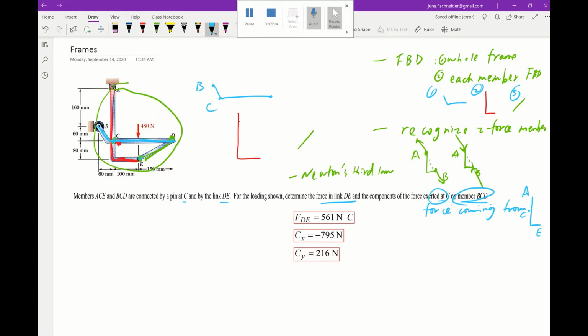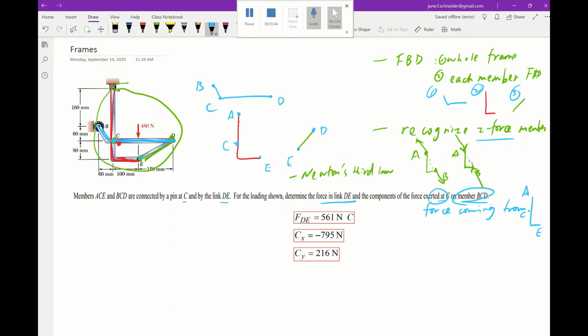There's also a pin at D, so that's three forces. That's not two forces. And how about our ACE here? ACE, same way. There's a pin at A and a pin at C and a pin at E. That's again three different locations. However, how about DE? There's a force at D and a force at E because they are pinned connections. Yes, that's exactly a two force member, two separate locations.